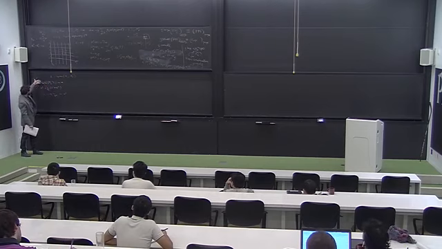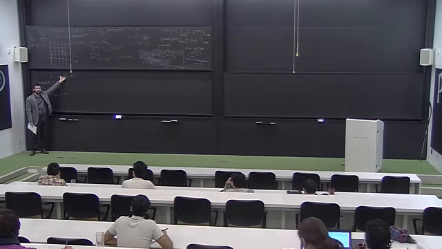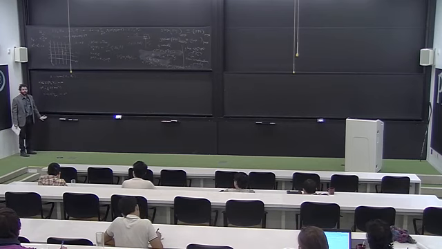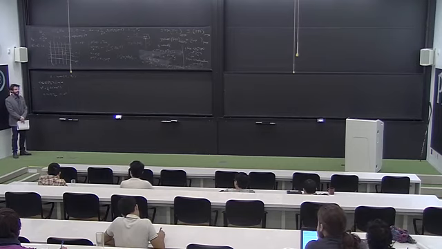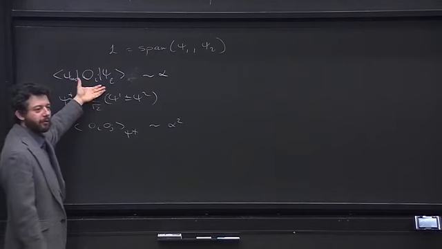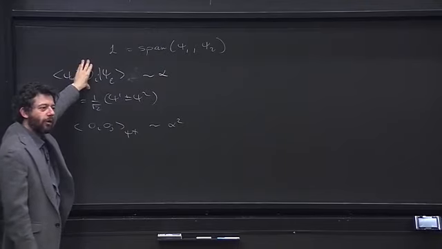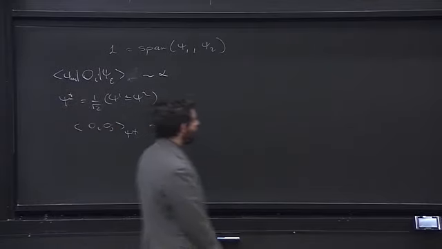In order to check this, I must just check that a local operator has or has not vanishing expectation values in this subspace. Because if it has non-vanishing expectation values in any of these states, then the argument goes through, and I'm screwed. So this seems very unlikely, right? It seems very unlikely that for every pair of states in my subspace, any local operator has vanishing expectation values. But this is exactly what happens.